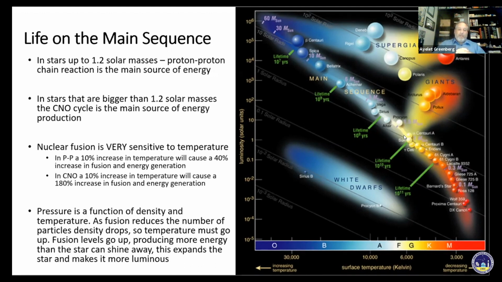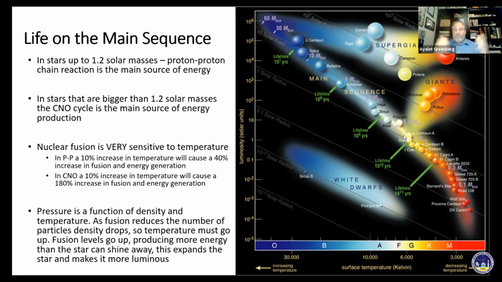So basically, as you'll see when we go through the life cycle of stars, we will get into cycles where the core is contracting and getting hotter, and that heat is going to drive nuclear fusion crazy. And sometimes that produces so much energy that the star can't shine it away. That energy turns into work energy, into kinetic force that is pushing the envelope of the star, increasing the size of the star.